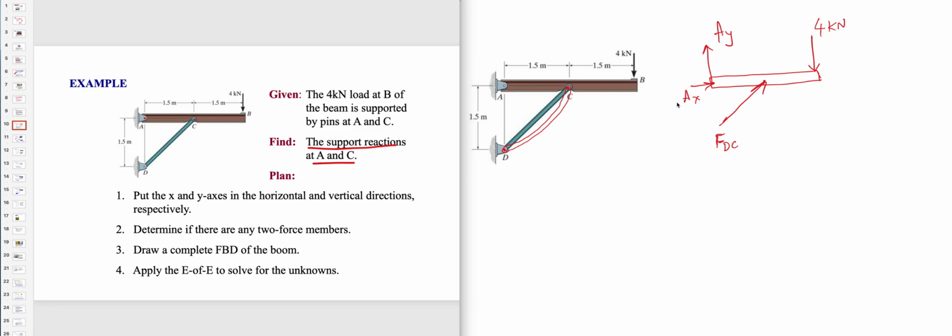Then we have to give the coordinate axis. It's an important step. This is X, that is Y. And are we good to go? No, we're not done because we have to give the distances.